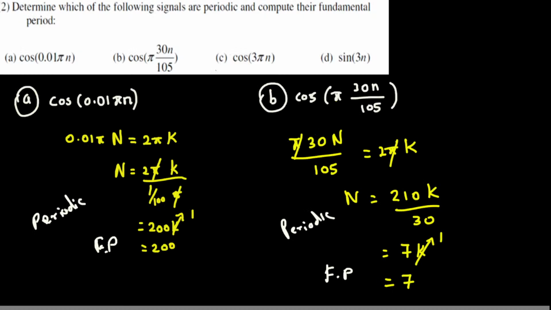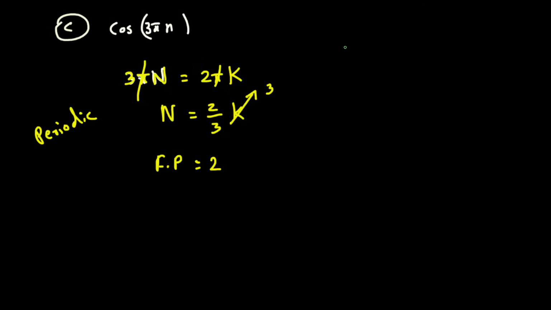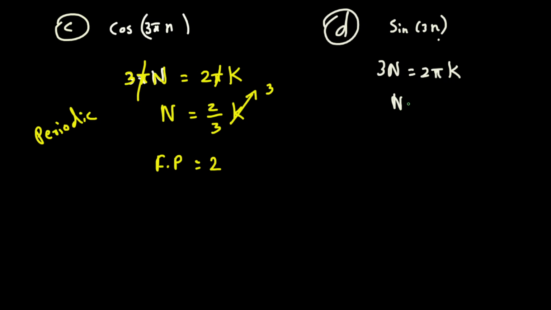Let's look at the D part of this, sine 3n. Again I put 3 capital N, equate this to 2πk, and if I rearrange this in terms of N, this is 2π over 3 multiplied by k. Now if I start with 1, that's not an integer.